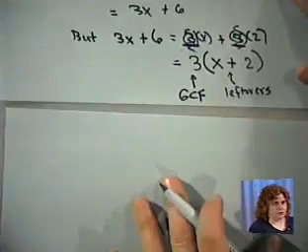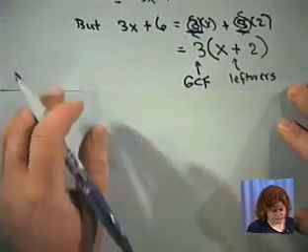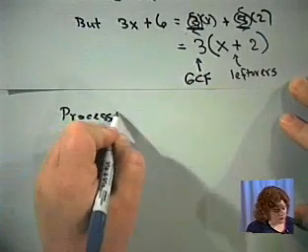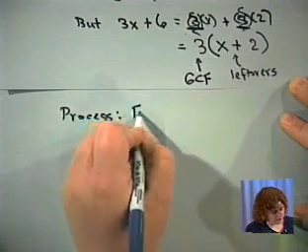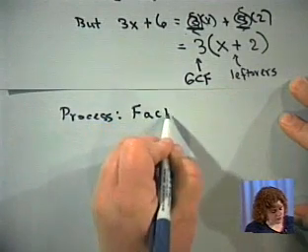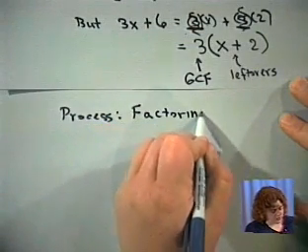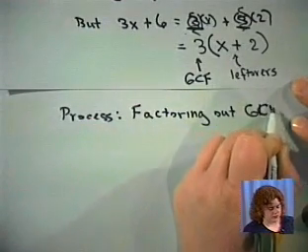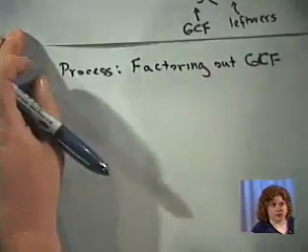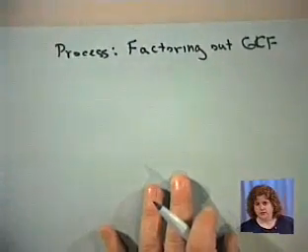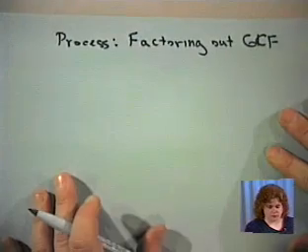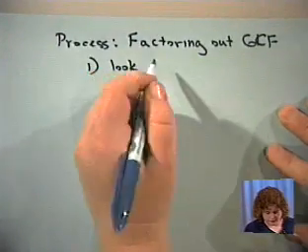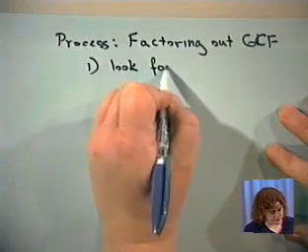So let me write out a recipe for this process, which is called factoring out the greatest common factor, and you'll hear that over and over again. Factoring out the GCF. A lot of times when you get instructions, you'll be told outright, factor out the GCF, so you need to recognize that. What you're going to do is look for common factors in each term.